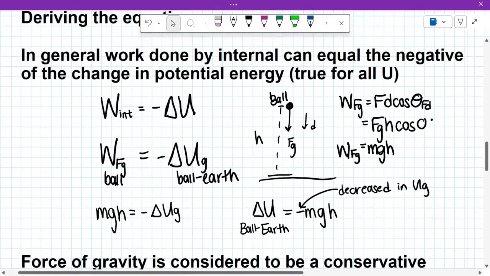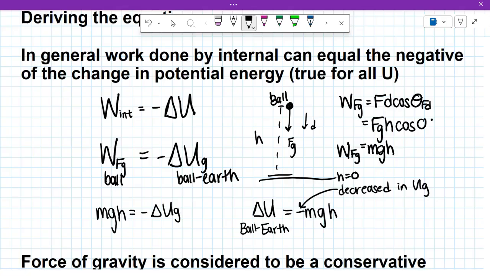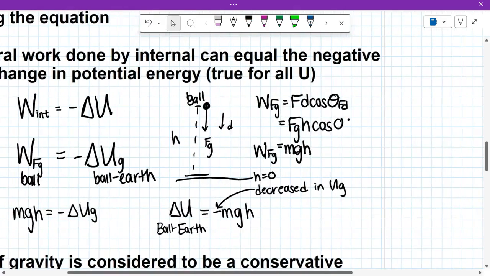If I think about this, my ball was at a height above the ground, and now I am at a height closer to the ground, and we'll say the ground is h equals 0. So I have decreased in height. I have decreased the distance between the ball and the Earth, so it makes sense that my potential energy should decrease. So we say that we can calculate any potential energy by doing mgh.